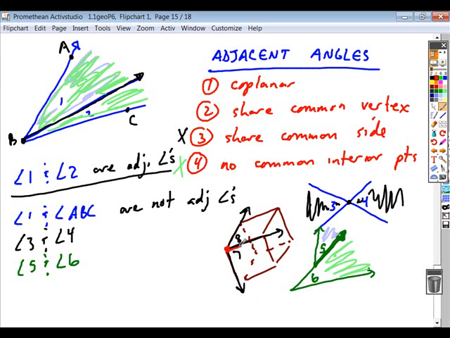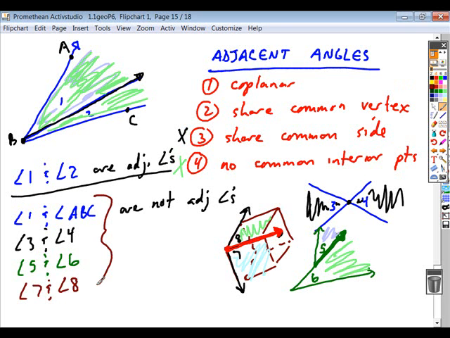They share a common side right here. They have no common interior points. Here's the interior of 7, the interior of 8, no overlapping. However, they're not coplanar. 7 and 8 fall on completely different planes. So that set is another set that are not adjacent angles.